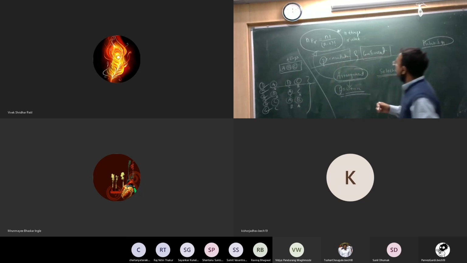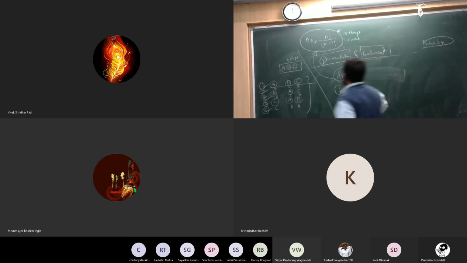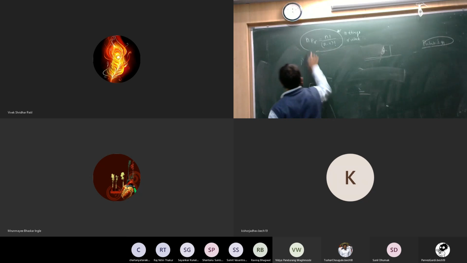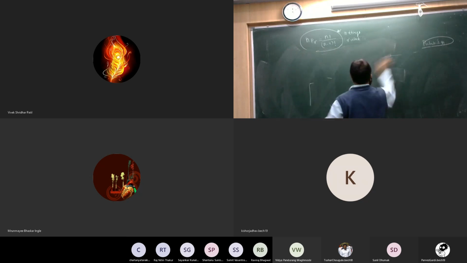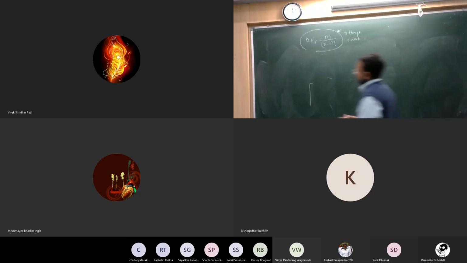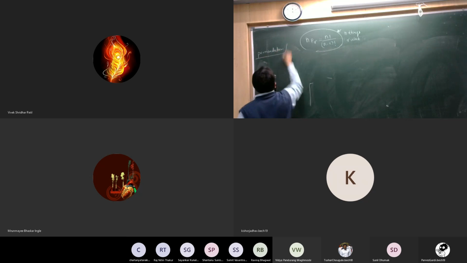Similarly, I can write the second part here. Permutation, where position is going to matter. Position means arrangement.